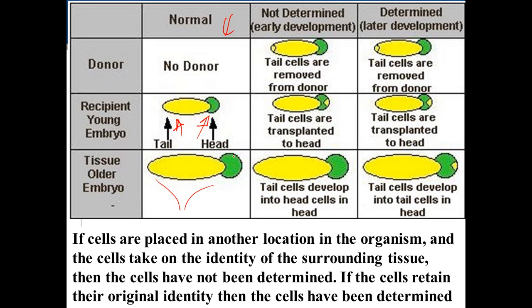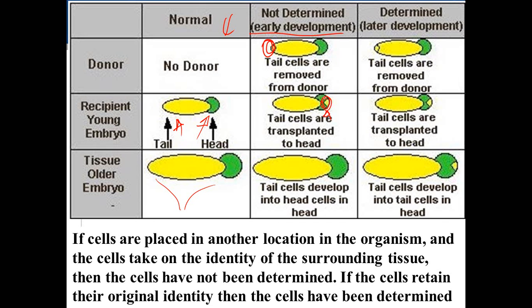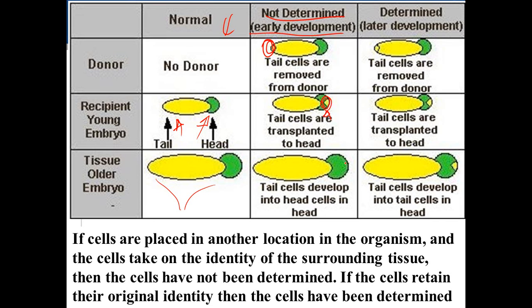Alright, so let's suppose that we have an early embryo, and we take some cells that normally would result in a tail, and we move them or transplant them to another embryo to the head region. If they are not determined, then what will happen is that those cells will take on the identity of their neighbors, and they will indeed become head cells.